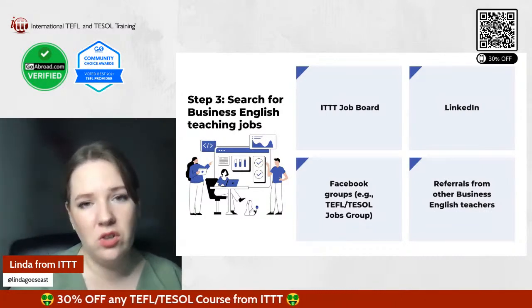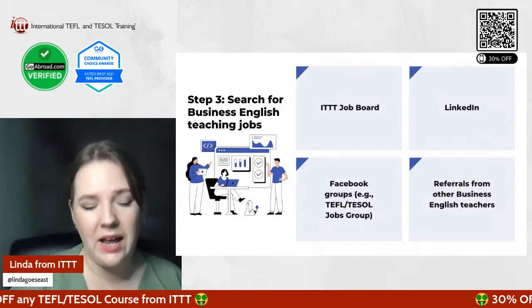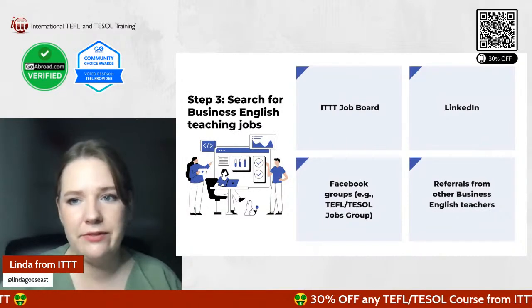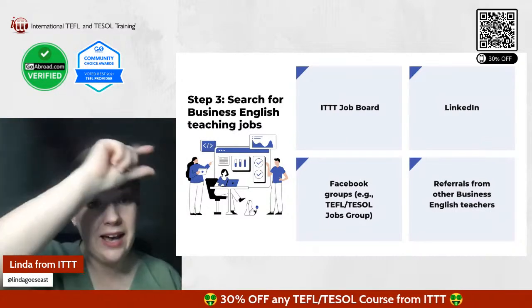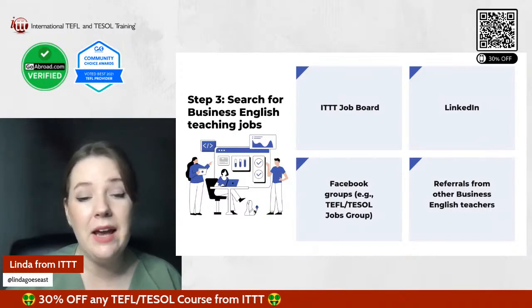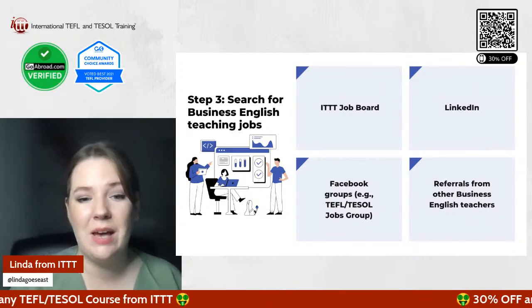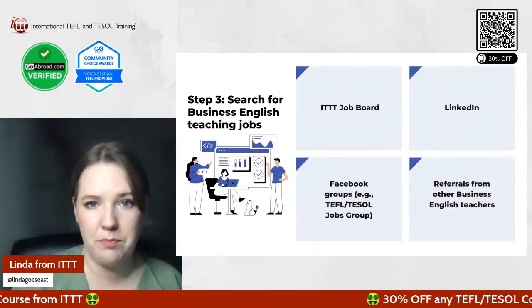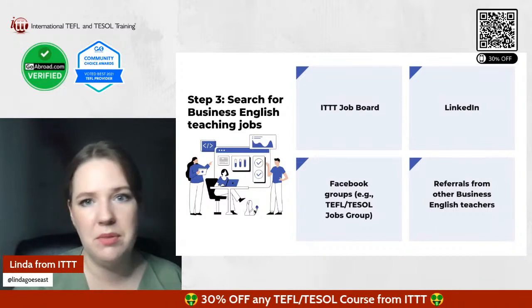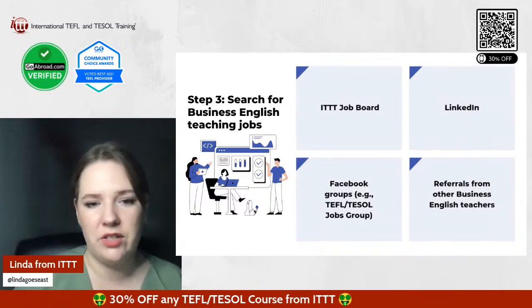You can also go to our ITTT job board and browse jobs on there. This is on our website, teflcourse.net, and in the header up there is a section about jobs, so you can check that out. Any other job boards, of course, for example, LinkedIn is huge, also with business English. You can find a lot of positions there. You type in business English and you'll find a lot of results.